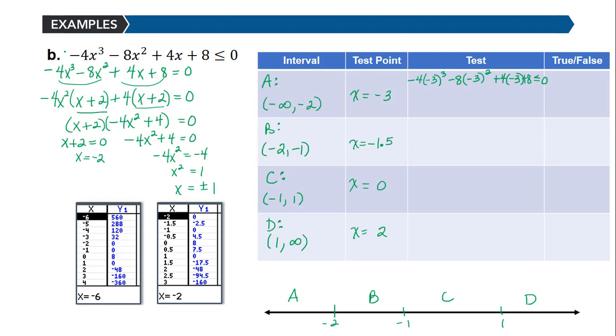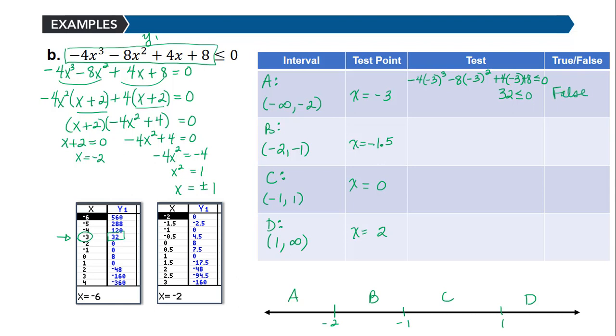So I input this function that we see on the left side of the inequality into my equation editor for y1, and then I went to the table. And so when I look at the x value of negative 3, I see an output value of 32. So that tells me that this expression is going to simplify to 32. Is that less than or equal to 0? No, that is false.